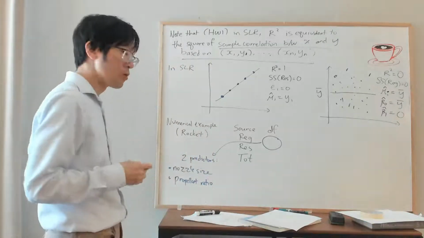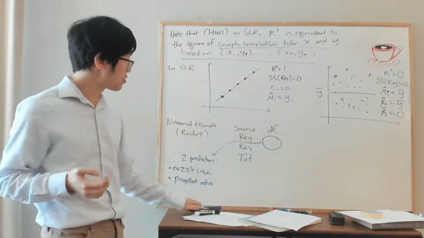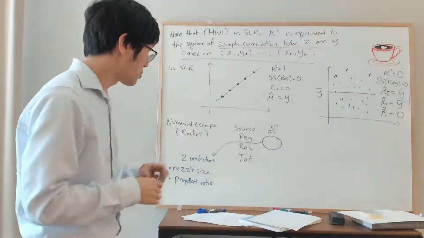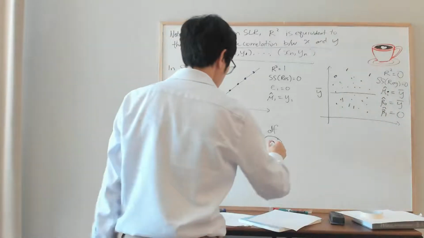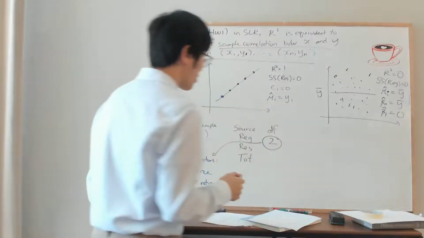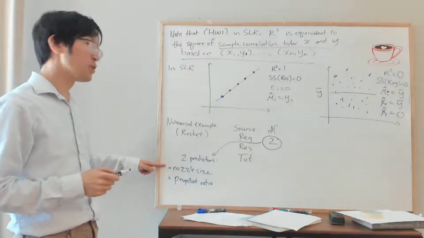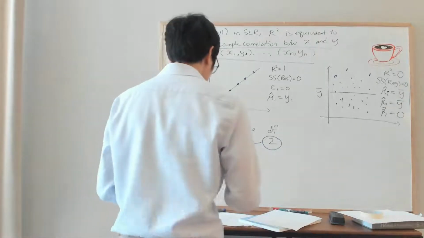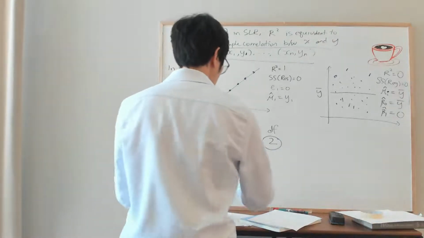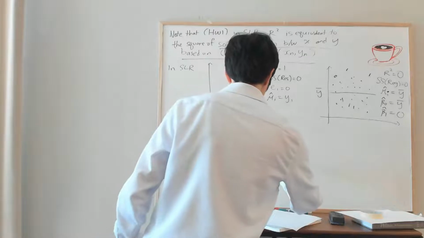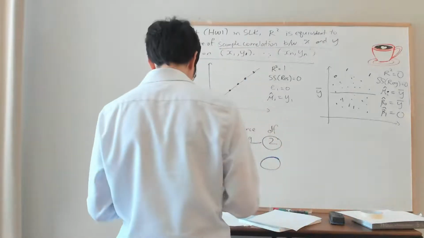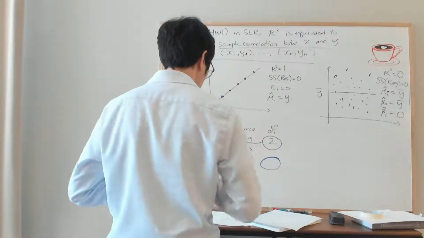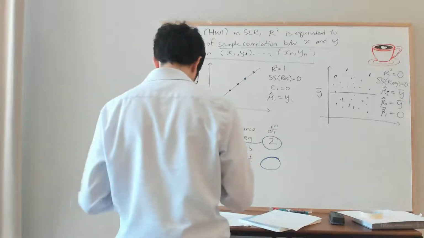There are two x's in our model, so the degrees of freedom for the regression is 2. For these two predictors, we estimated beta 1 and beta 2. The other thing here is the total. In this case, there were 12 observations.